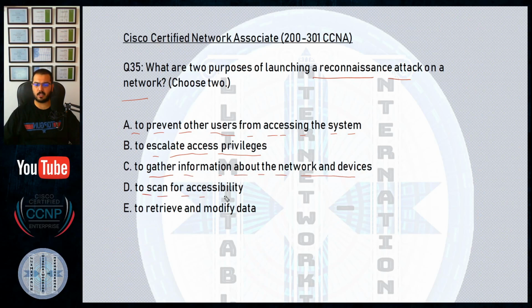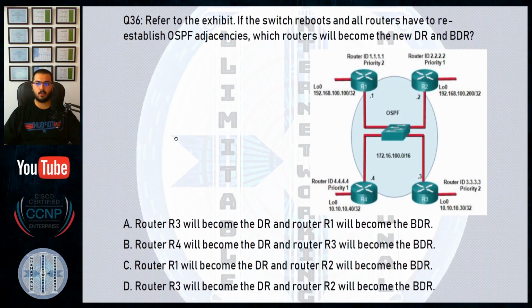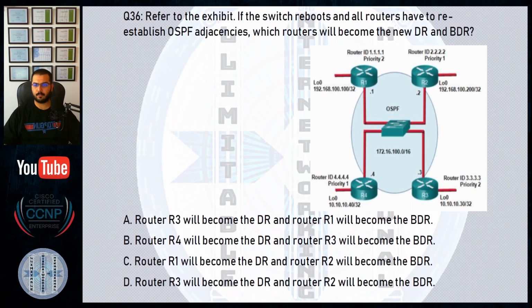To scan for accessibility, to retrieve and modify data. We need to search a bit more about what a reconnaissance attack does, but for the time being we can consider C and D for question 35, because it's about gathering statistics about the network environment and the end devices to refer them to the network.